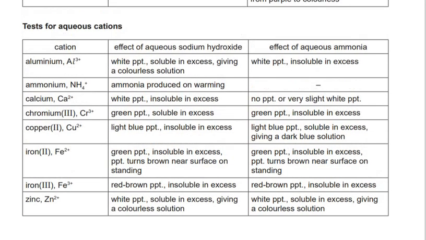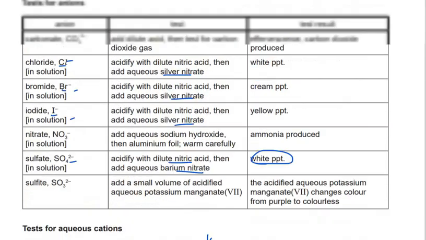And let's check for the cations. Sodium hydroxide aqueous we've added, and if we have chromium ion, Cr3+, then we get green precipitates, which is soluble in excess when sodium hydroxide is added in excess. The green precipitate dissolves. So this is what we are going to write in our observations here.